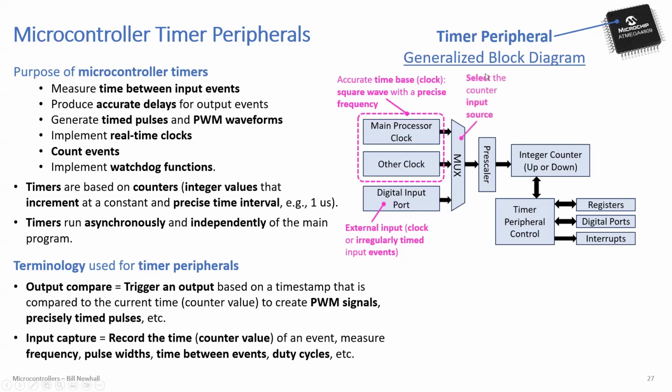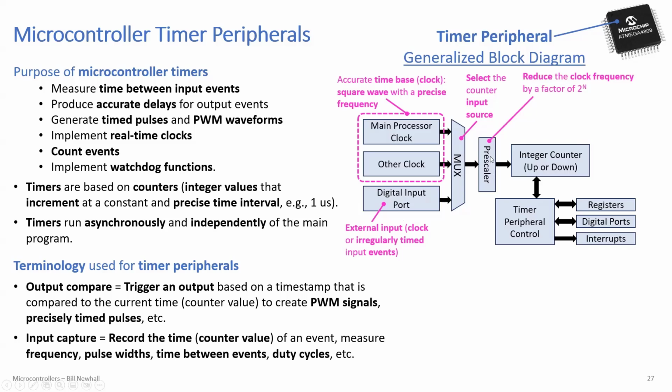Okay, those go into a multiplexer. So the multiplexer, this MUX, selects the input source. Okay, so that's what's going into the counter. And all of this, I should point out, is all inside the microcontroller, except for that input from the external digital port.